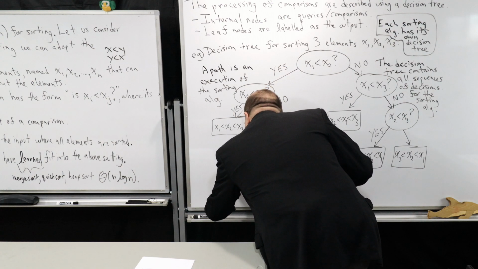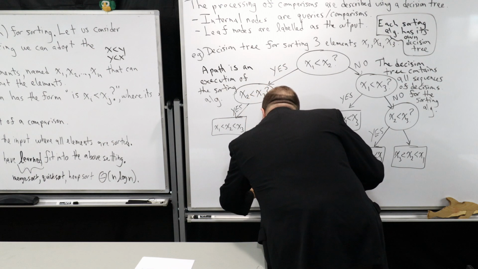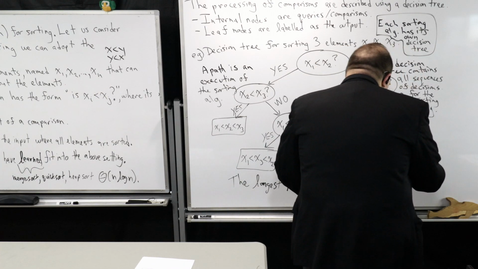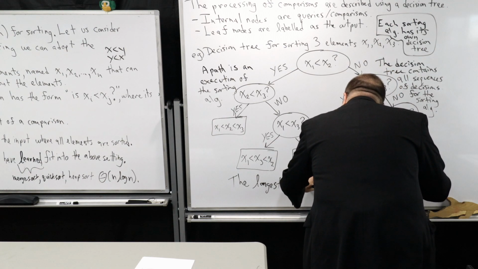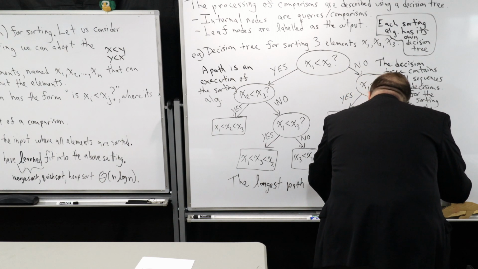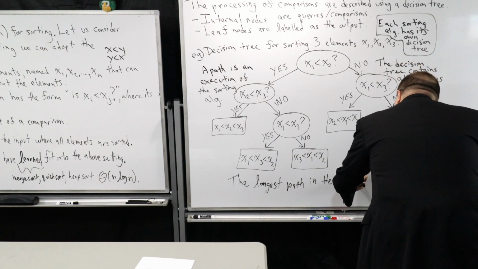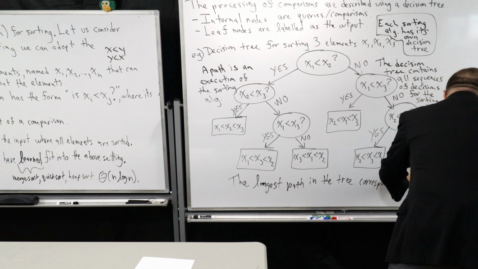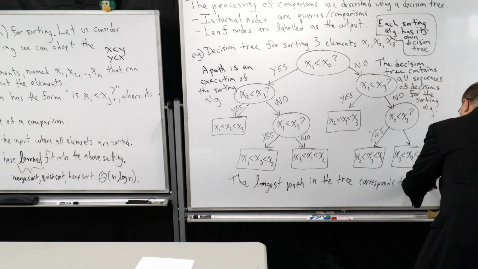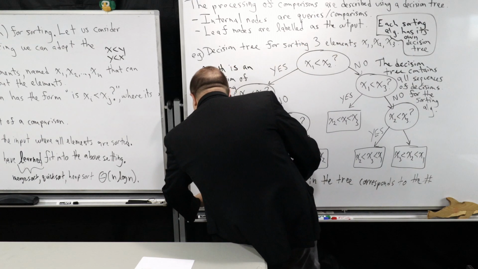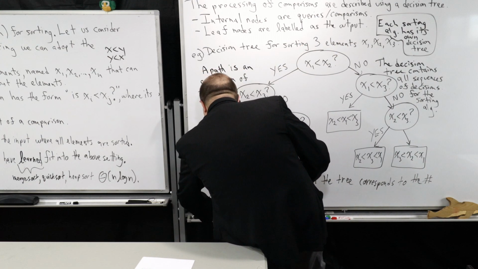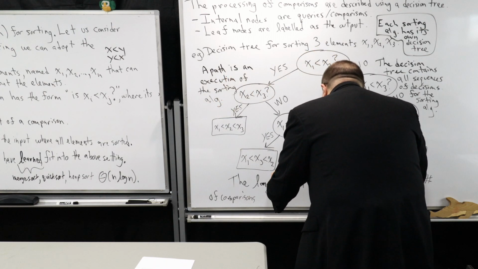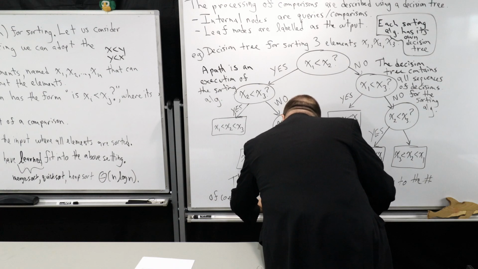So I'm going to say the longest path in the tree corresponds to the number of comparisons required in the worst case.